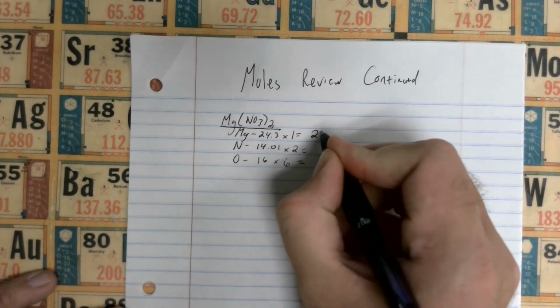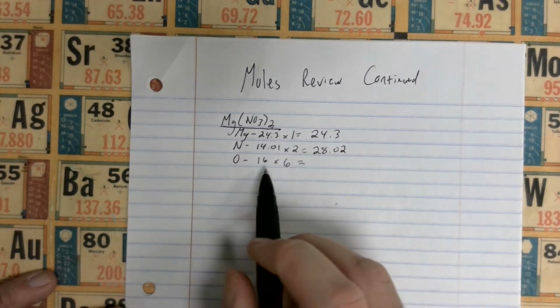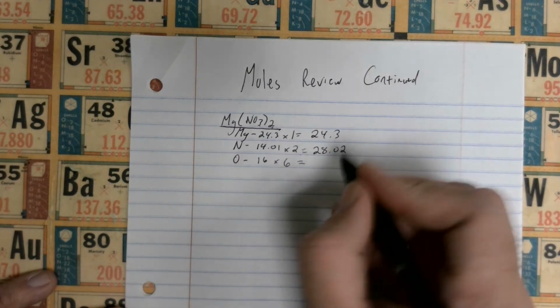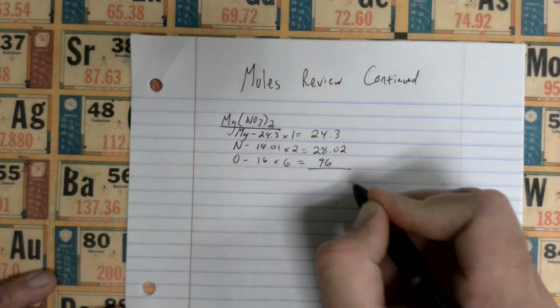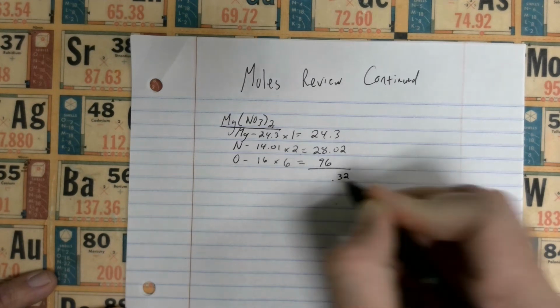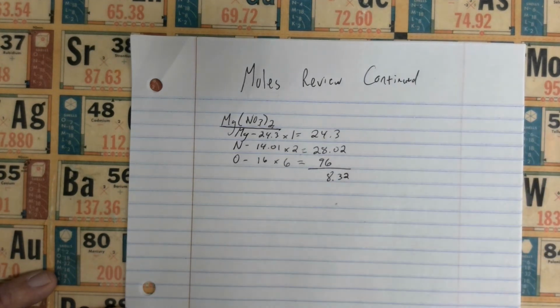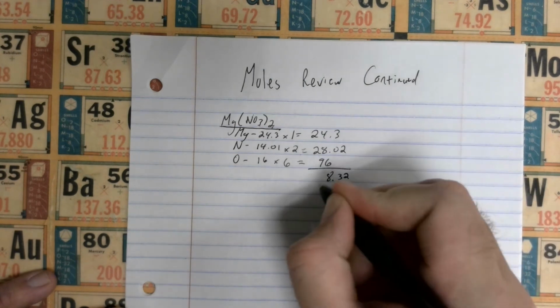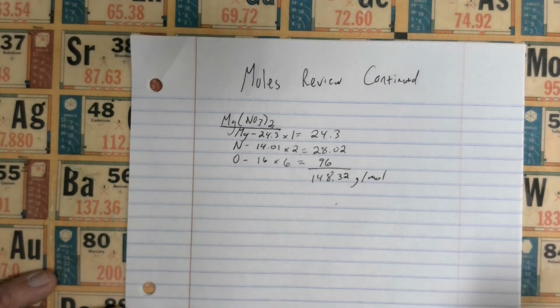So this is 24.3, this would be 28.02, and then 16 times 6 is 96. And then you simply add them all up at the end, and this would be 148.32 grams per mole. So most likely in any kind of grams problem, you're going to have to do that.